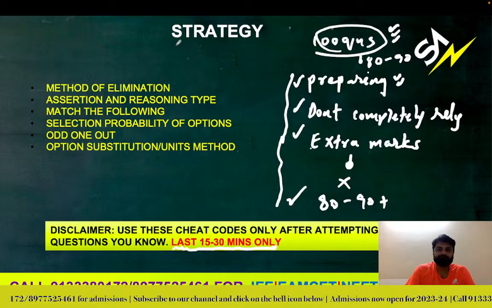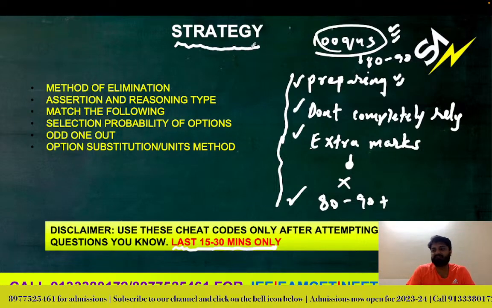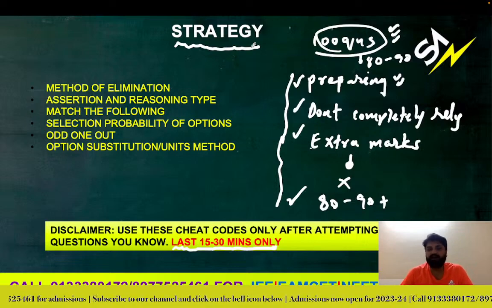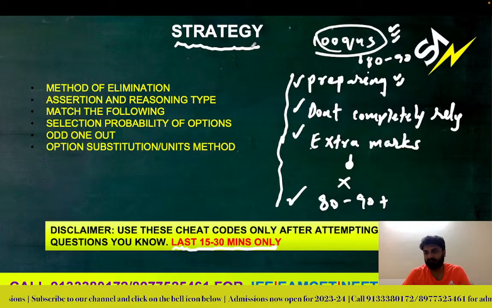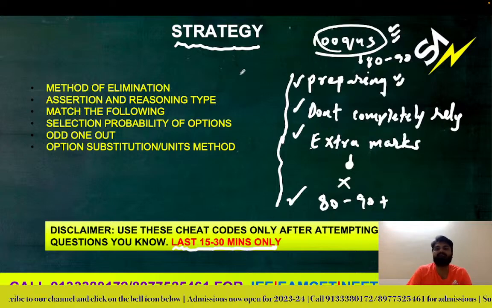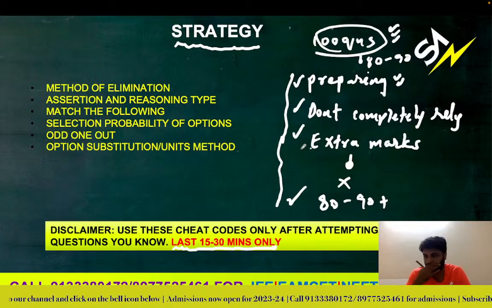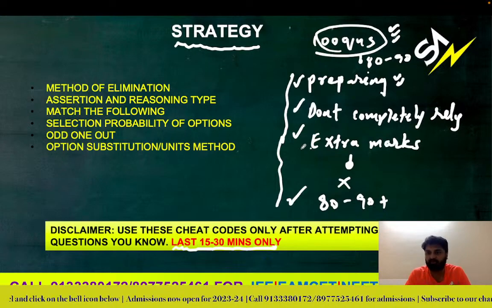So the strategy is very simple. We are using 6 methods or codes to help us solve those last questions which we don't know. Again, this is only for the questions which you don't know.